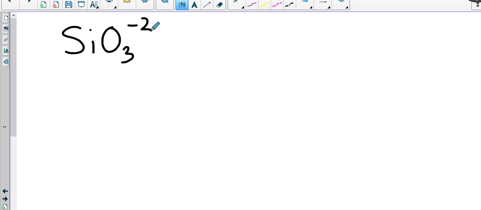Two on the top. So you can't add the 2 on the top unless you have extra. And so the total was 28 or 24. So you added up your electrons. So silicon is 4, and then oxygen times 3 is.